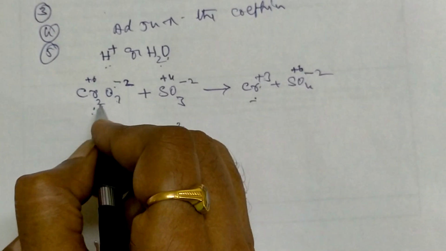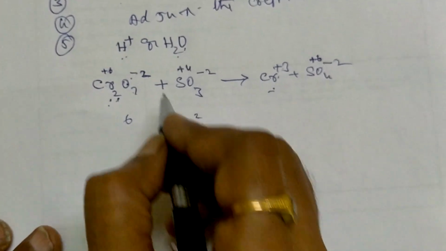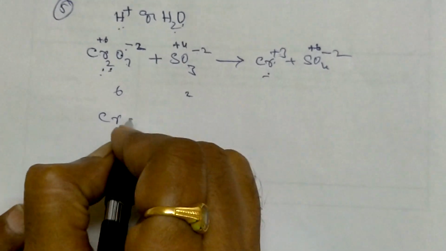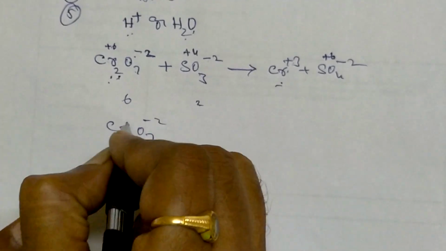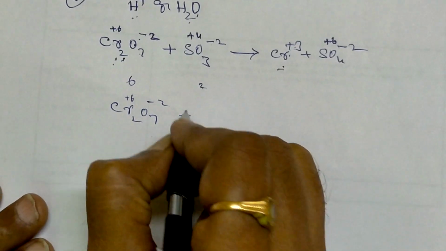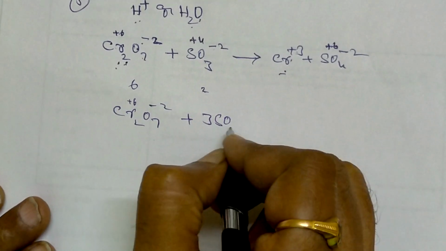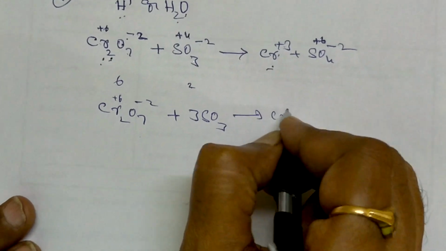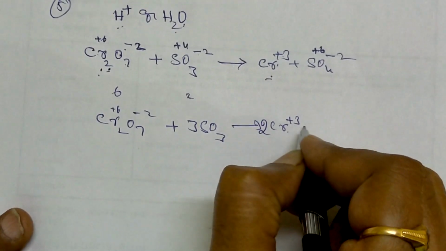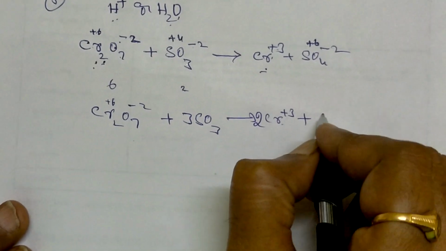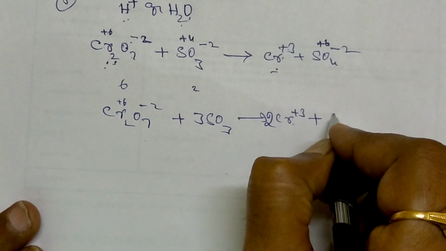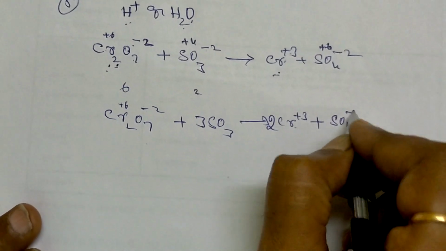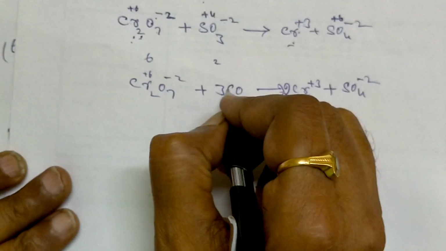So the changes are not the same, so it is to be multiplied by 3. So what I am writing now: Cr2O7 minus 2 plus 3 SO3 gives 2 chromium plus 3 plus 3 SO4 minus 2. This we will write later.